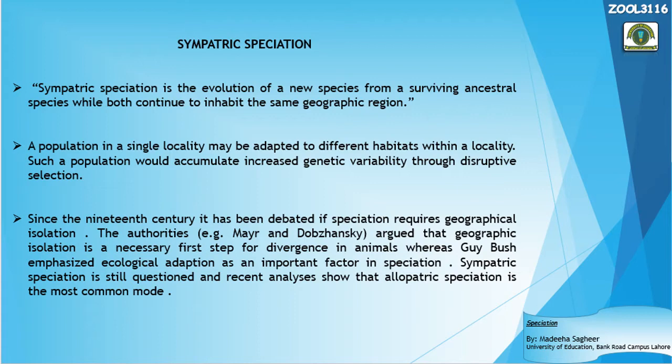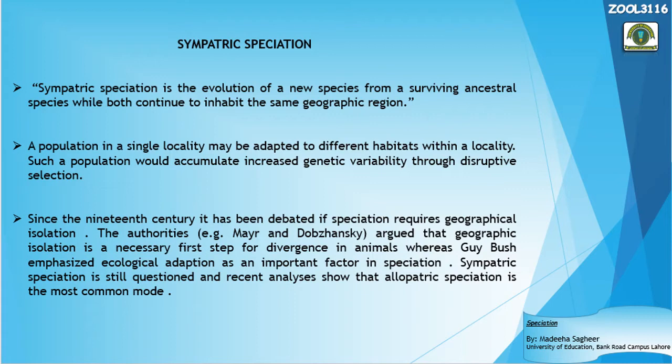So, in response to the different habitats, they accumulate variability in their genetic material through disruptive selection. You know, disruptive selection is also one of the modes of selection in which natural selection favors mostly the extreme phenotypical traits, and it does not favor the intermediate traits.